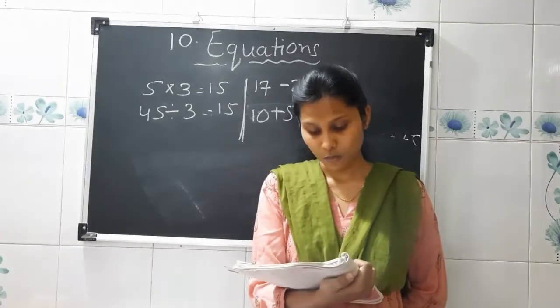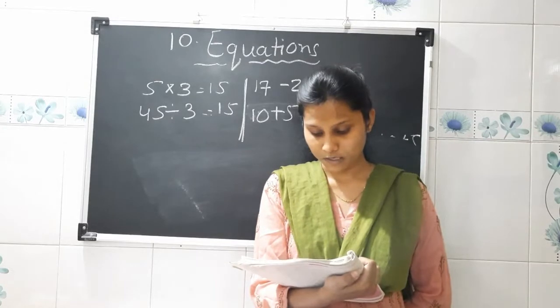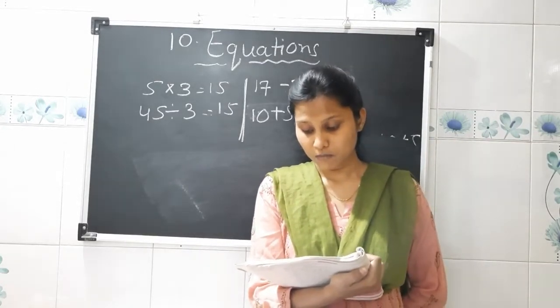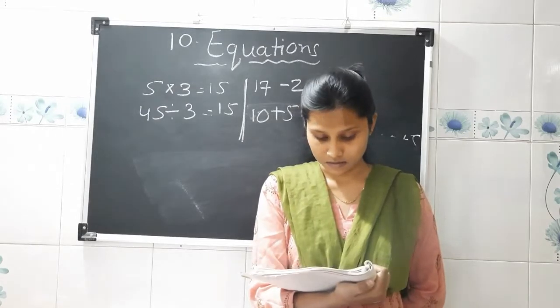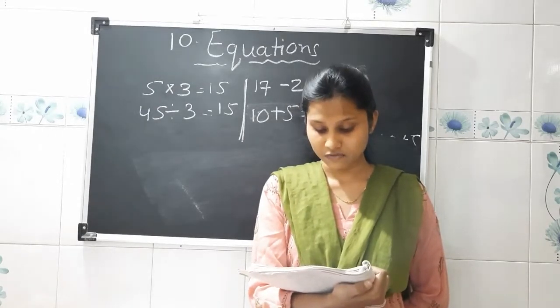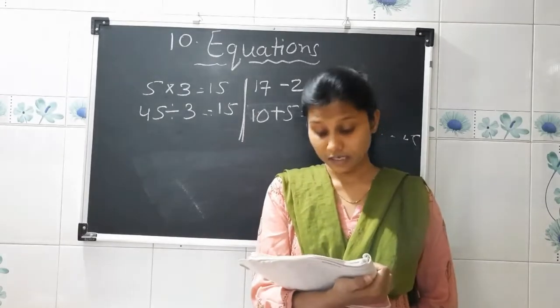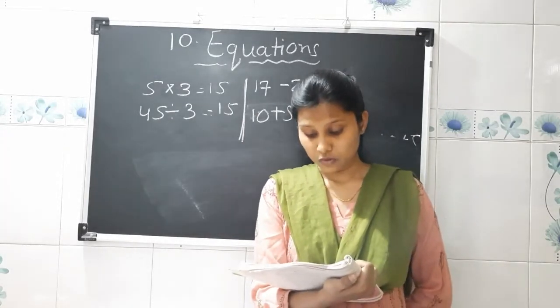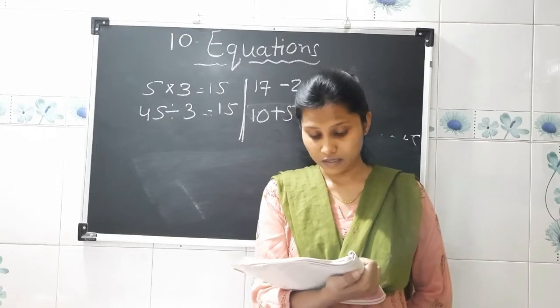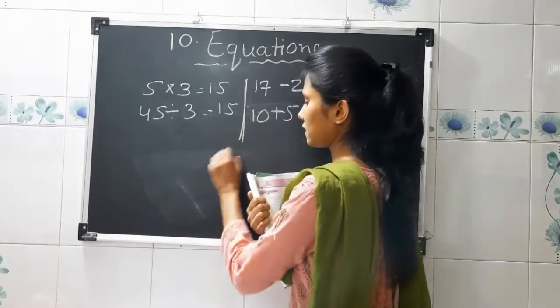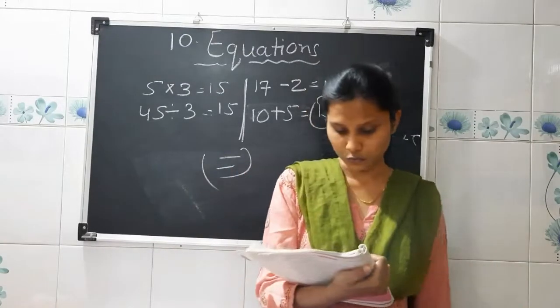So let us read what teacher says. Very good. We see that the operations 5 multiplied by 3 and 17 minus 2 both give the same result. We write this as 5 multiplied by 3 is equal to 17 minus 2. So in mathematics, the sign of equality is shown using the symbol of equal to.